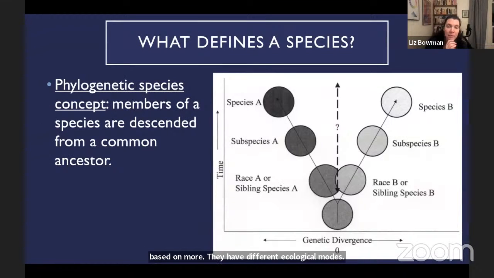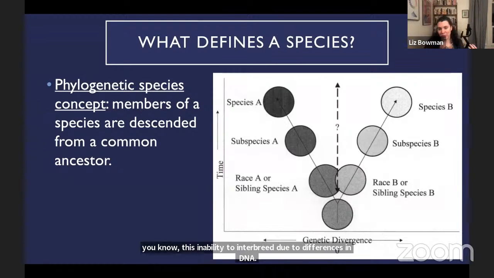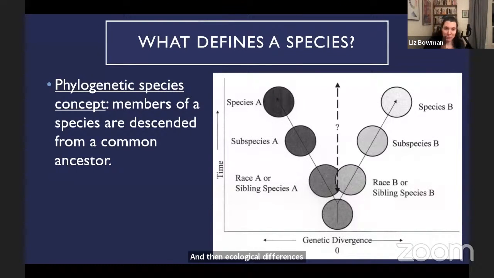And then the last species concept that we'll talk about, though there are others, is the phylogenetic species concept. This is generally based on DNA. It's taking the physical differences that can arise due to separations of DNA, the inability to interbreed due to differences in DNA, and the ecological differences, and bringing it down to DNA, the most basic level.